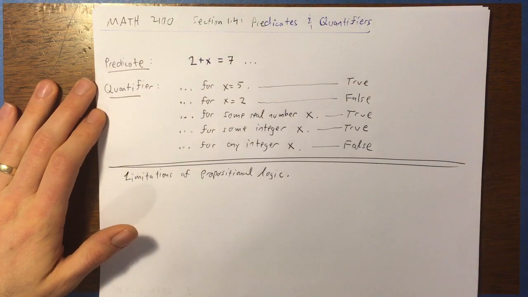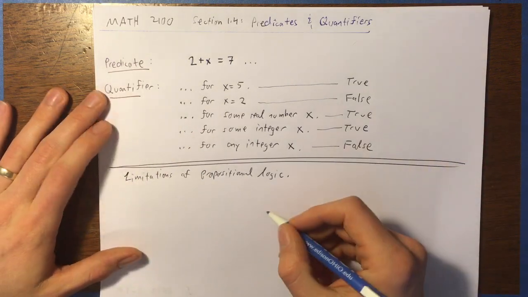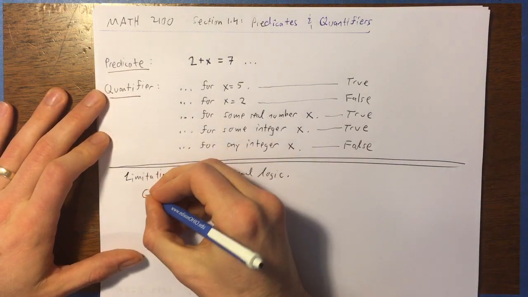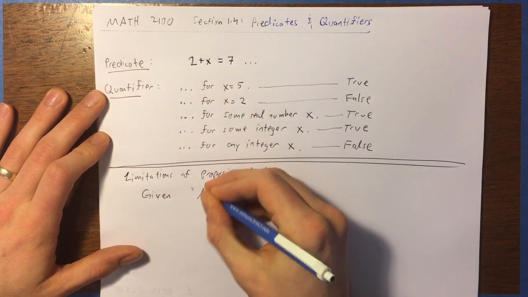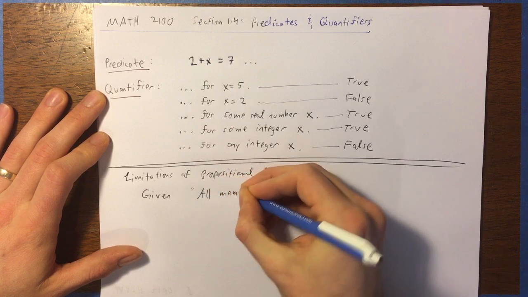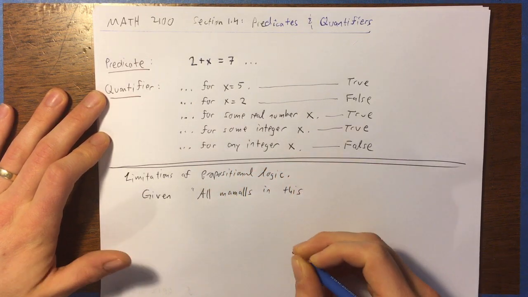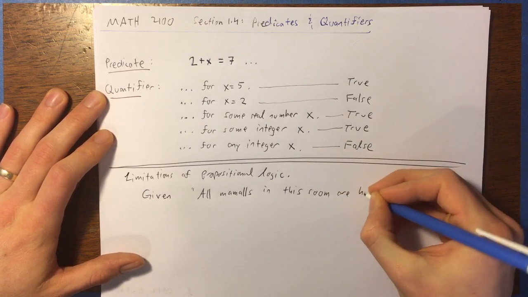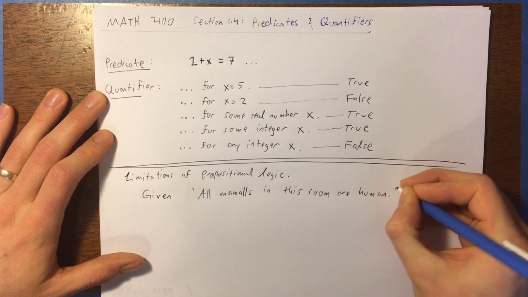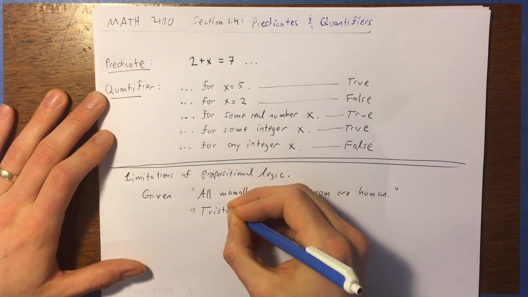How do you deduce statements from other statements? So let's suppose that you are given that several statements are true. Let's say you're given all mammals in this room, the room I'm sitting in right now, all mammals in this room are human. Let's say you're also given Tristan is a mammal.